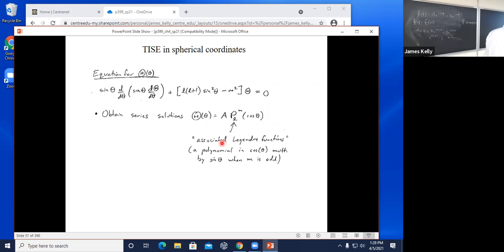What they are is usually a polynomial in cosine of theta, multiplied by sine of theta if m is odd, or not multiplied by sine of theta if m is even. So it's going to be polynomials in cosine of theta, possibly times a sine of theta, where theta is the usual variable. Those are called the associated Legendre functions.